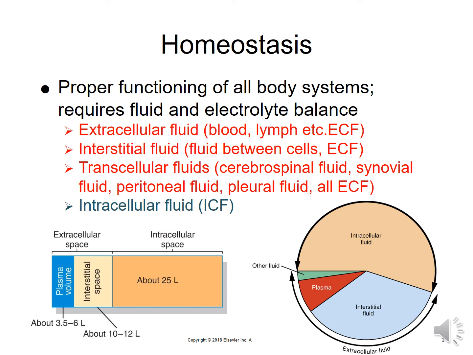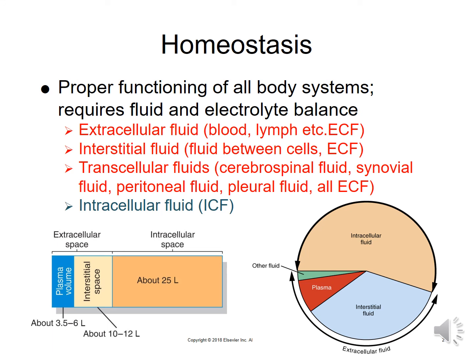Transcellular fluids are things like cerebrospinal fluid, synovial fluid, peritoneal fluid, and pleural fluid. All of those things are extracellular fluid, which just means outside the cell. And then you have the intracellular fluid, and as we were talking about, the intracellular fluid actually makes up a lot more than the extracellular fluid.